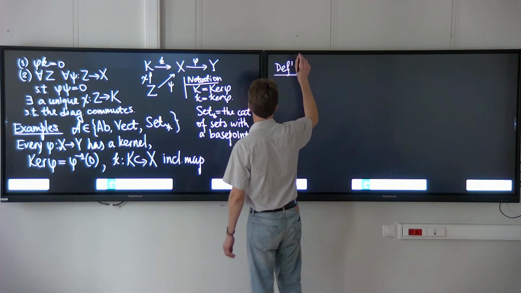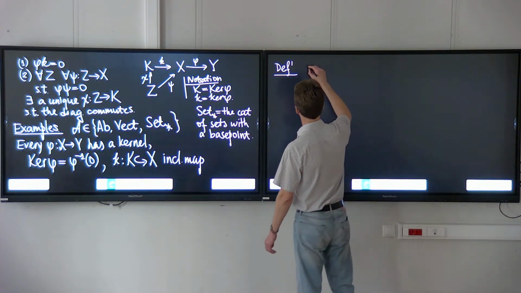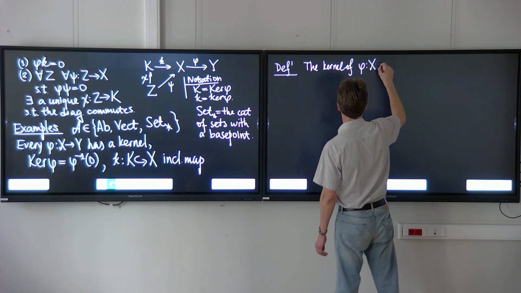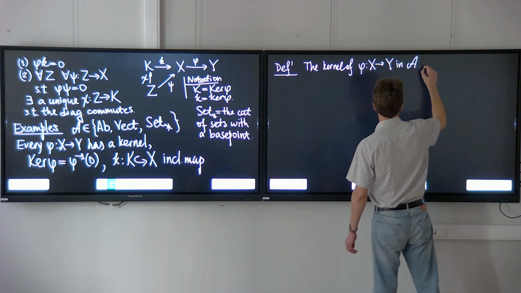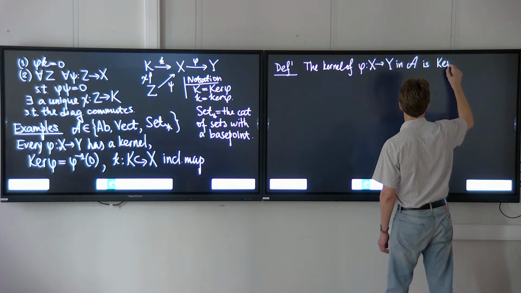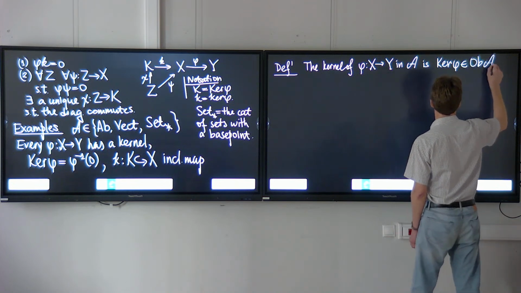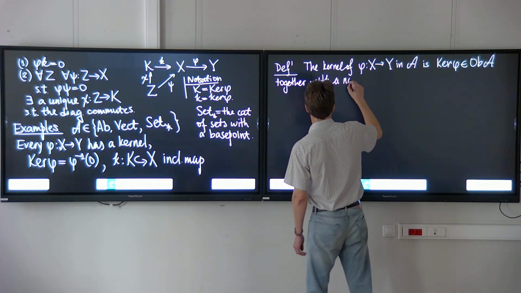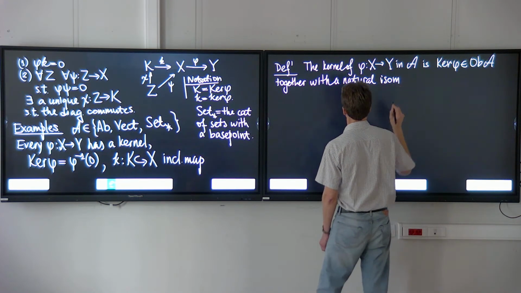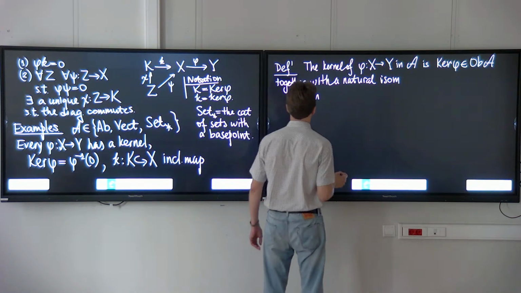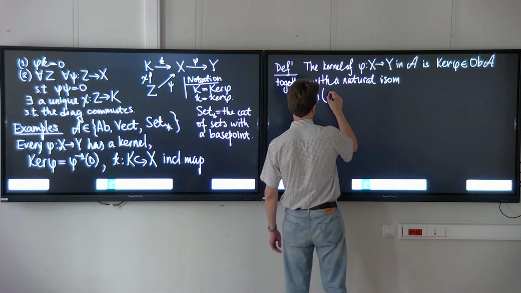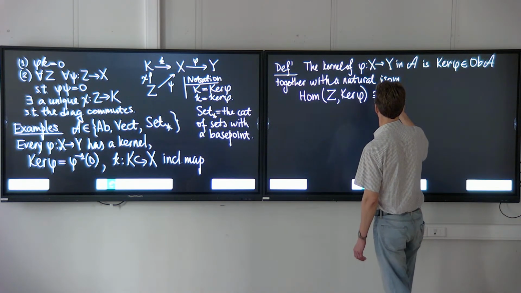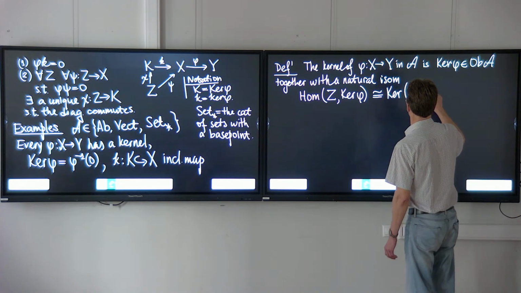An equivalent but useful definition of a kernel looks like this. The kernel of the morphism phi in our category A is an object K, or just denoted by the kernel of phi, together with the natural isomorphism of the following form: morphisms from Z, say, to the kernel are in one-to-one correspondence with the kernel of the following map induced by phi.